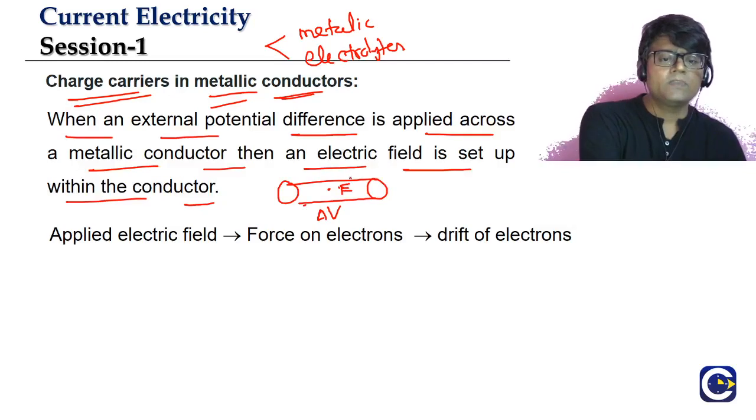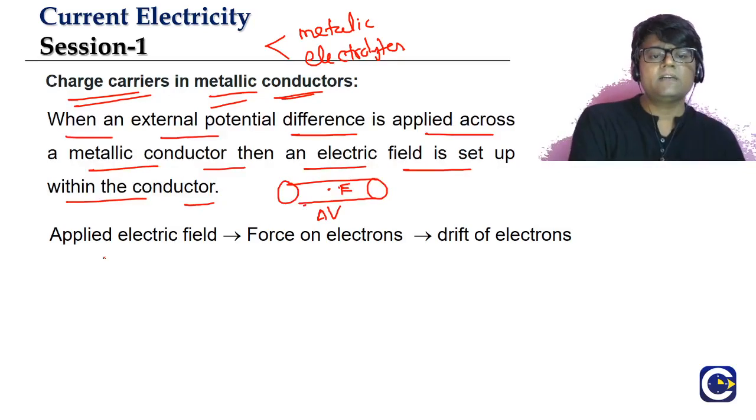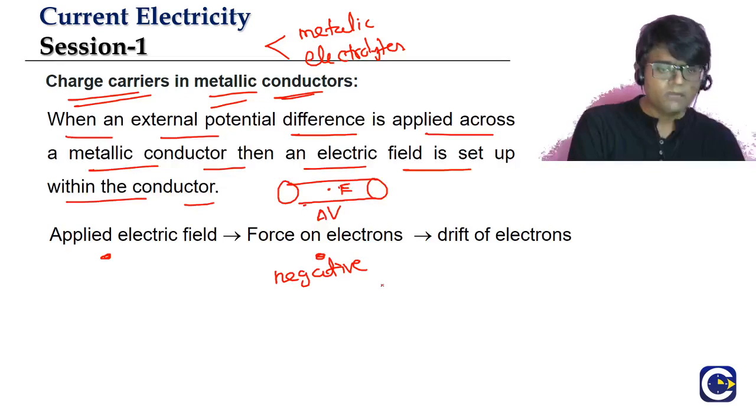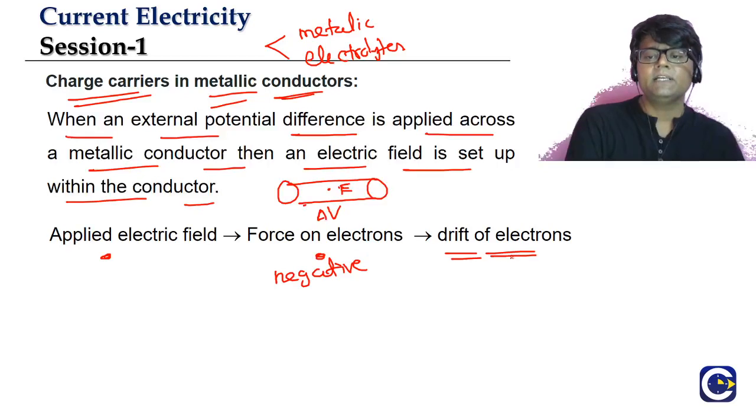The electric field creates a force on the electrons. Since electrons are negative charges, the force acts in the direction opposite to the electric field. This force causes the drift, or movement, of electrons.